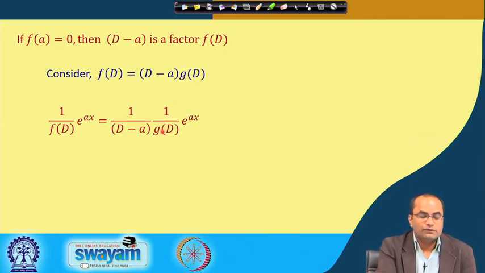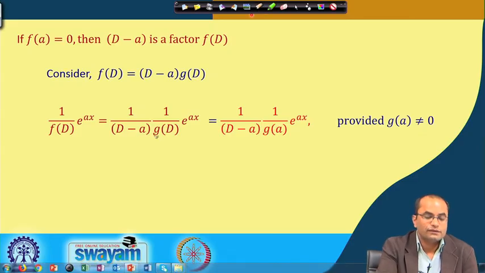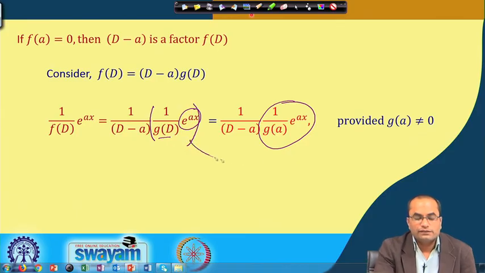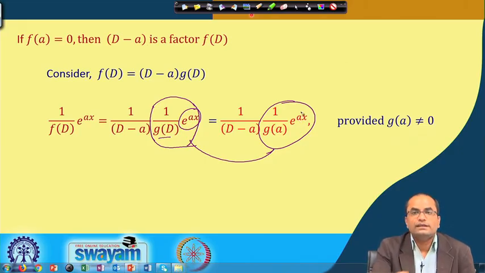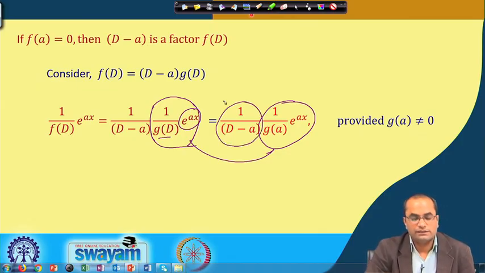So, here we have this 1 over g d, we assume that g a is not 0, because we have already taken this d minus a out here, and suppose this g a is not 0, then what will happen, that this value of this operator here, 1 over g d operated on e power a x, we have already seen if g a is not 0, the value here will be 1 over g a e power a x, and again this factor 1 over d minus a is sitting as it is.